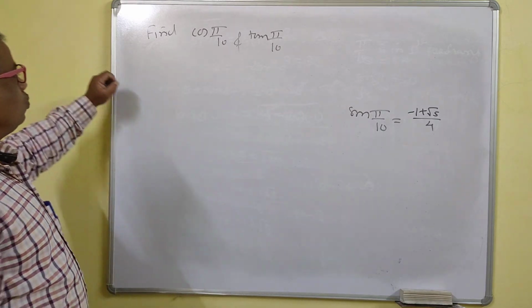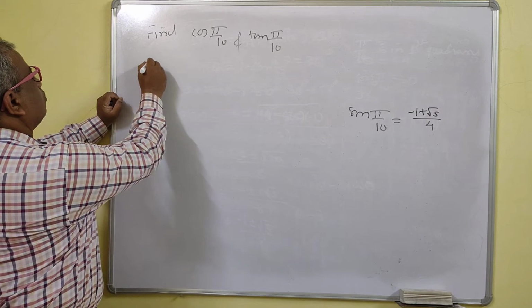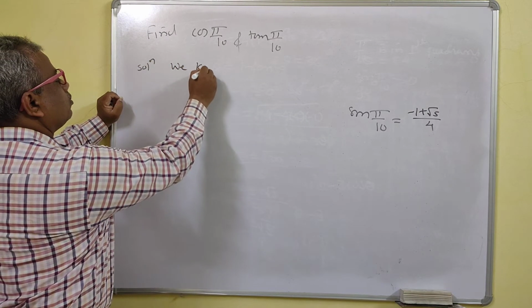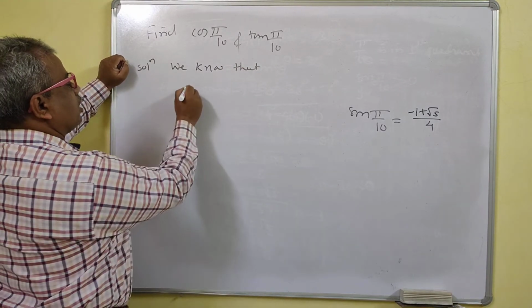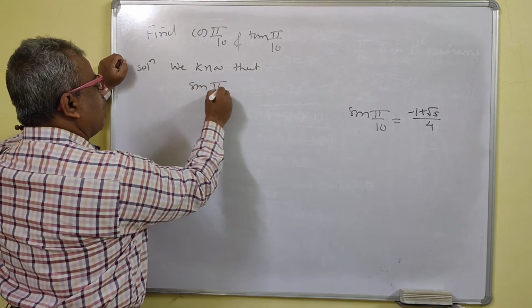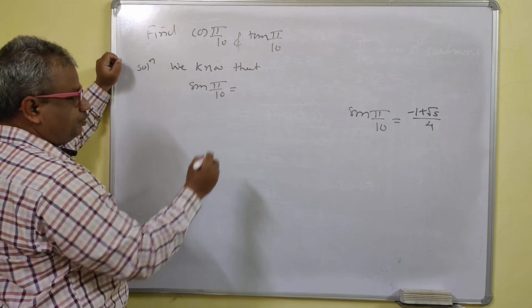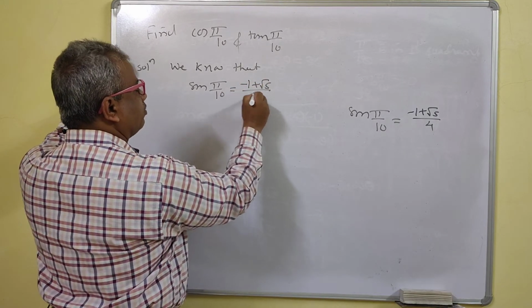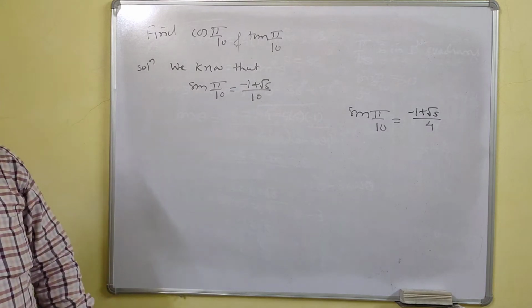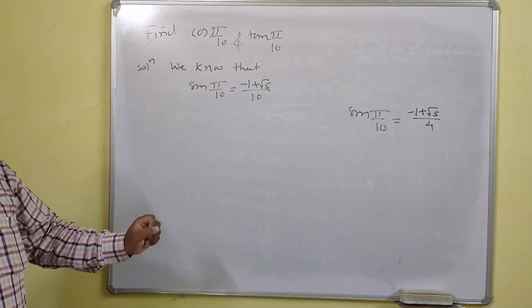Solution: we know that sin pi by 10 is equal to minus 1 plus root 5 upon 10, and you can write this, right?